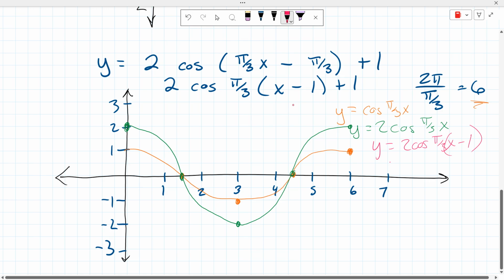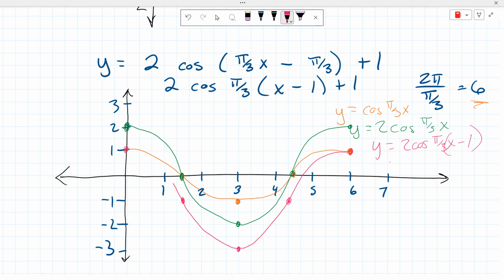One down from the green. And then finally I'll go up by 1.